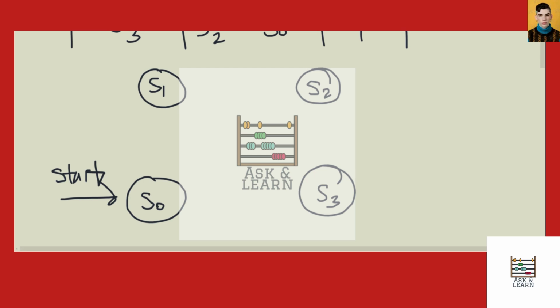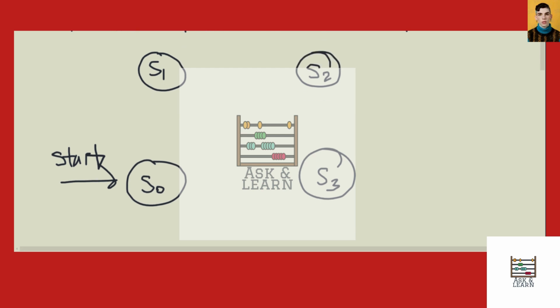So for starters, we have at S0 that if we input, for example, a 0, then we obtain state S0 again. So we'll have an edge from S0 to itself.